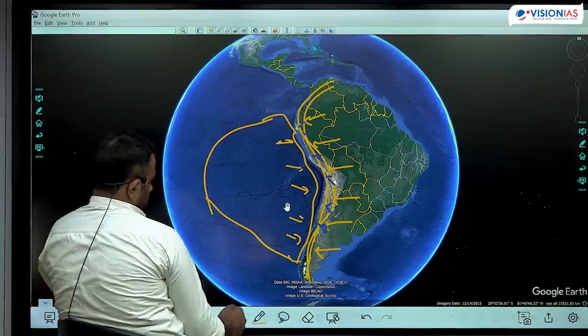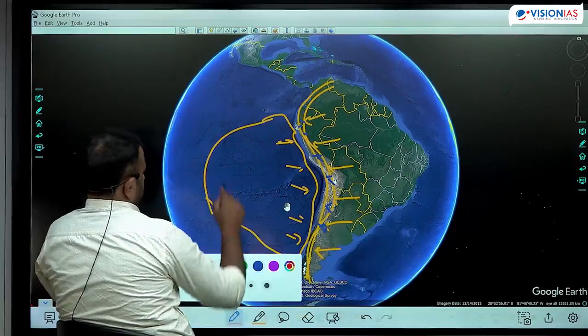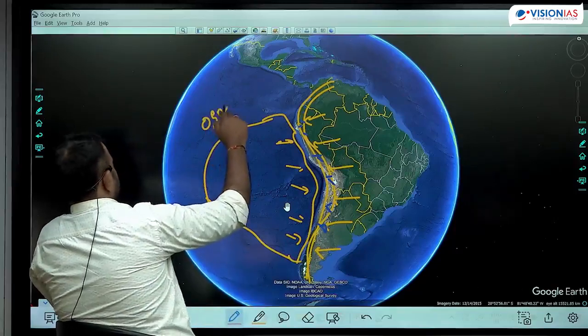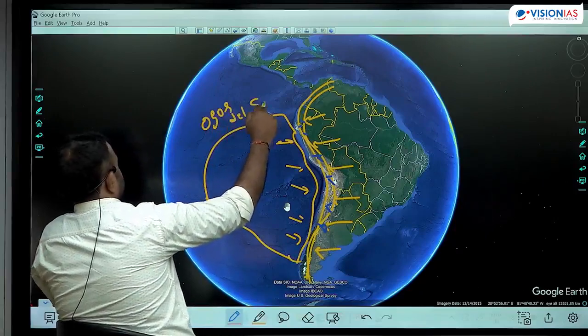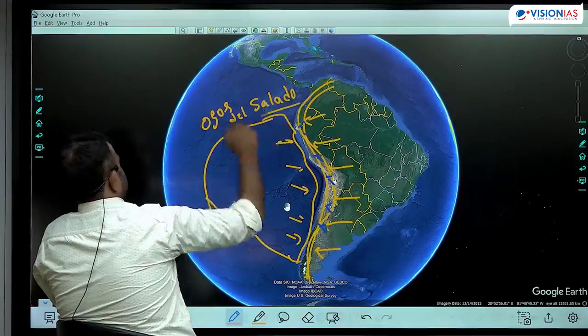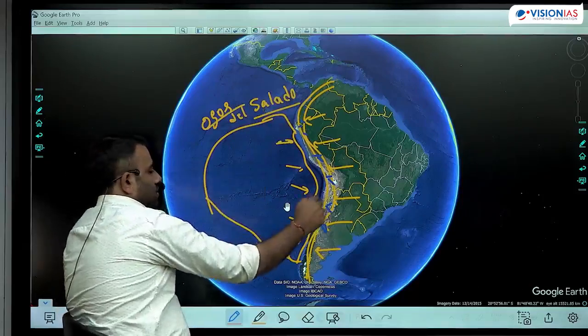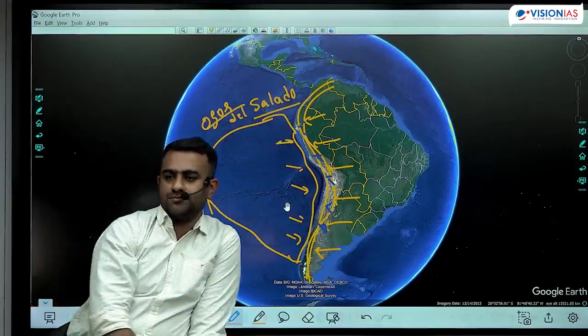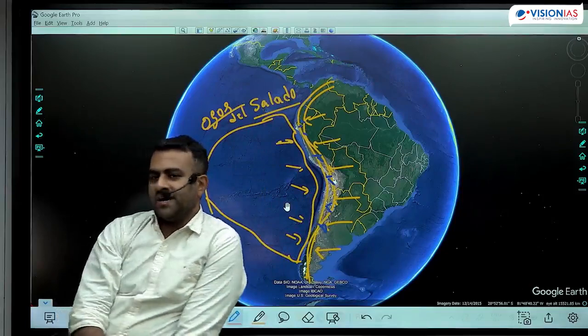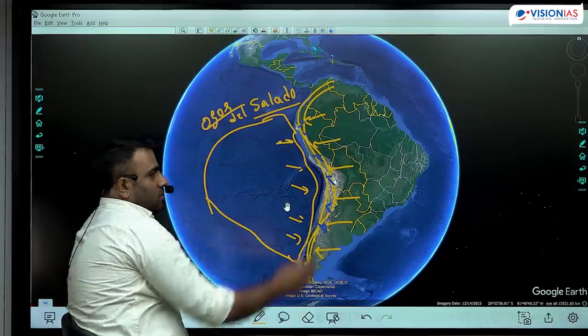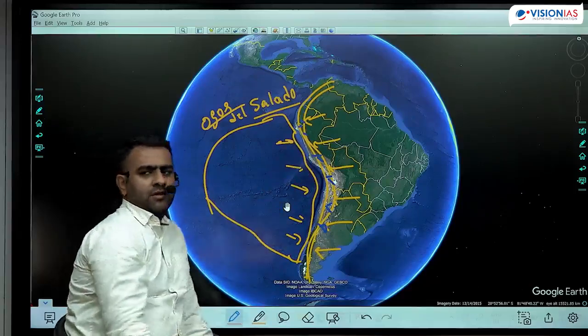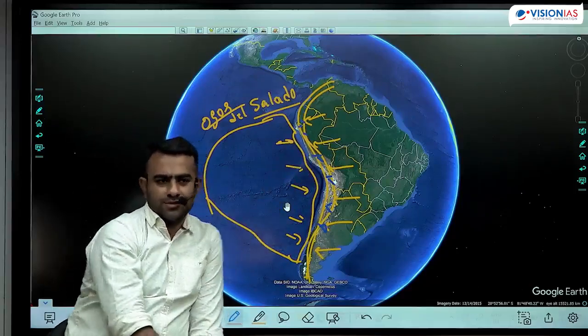Have you heard? Ojos del Salado, here, along the Argentina border. Cotopaxi, Chimborazo, they're all active volcanoes in Ecuador. A continuous line of active volcanoes.